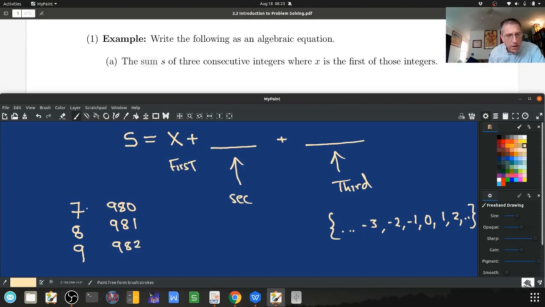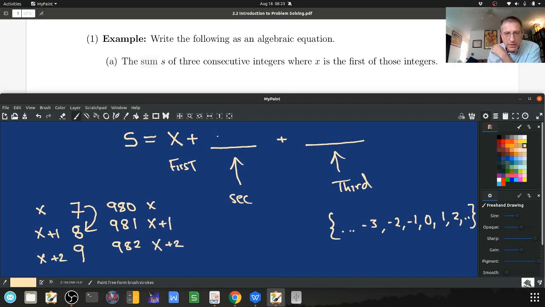So if 7 is my x, then 8 is x plus 1, and 9 is x plus 2. The same over here. If my first consecutive integer is 980, and I let that be x, then 981 is x plus 1, and 982 is x plus 2.